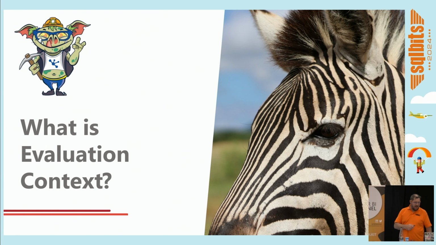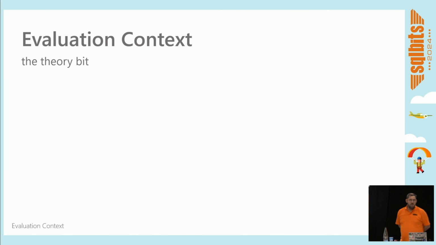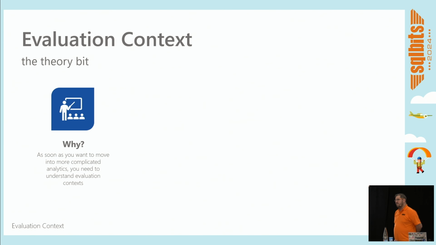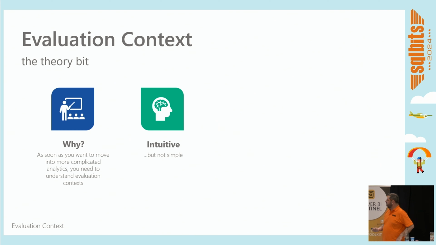Okay. Right, so let's get kicked off. What is evaluation context? The reason we need to understand evaluation context is that as soon as we move into creating more complicated DAX measures, or writing more complicated DAX at all, we need to understand the context in which it's being executed.